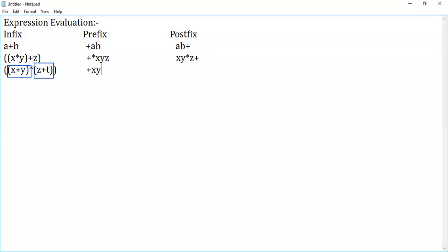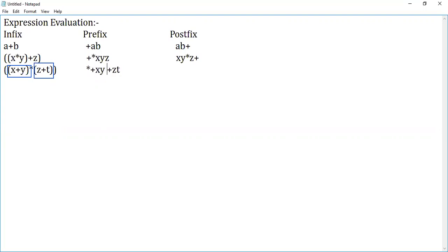Same way, I'm having one more expression, zt. I'm doing the plus operation before it. This is a separate operation and this is a separate operation, guys. So I'm multiplying this result along with the existing result. So you're supposed to place this multiplication symbol before it.